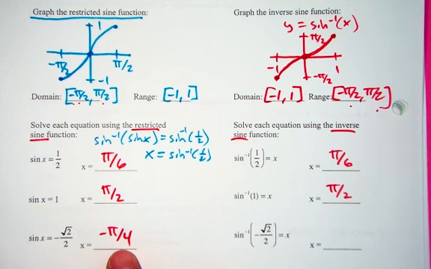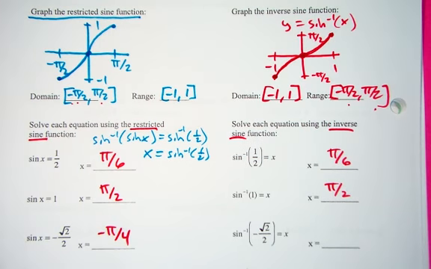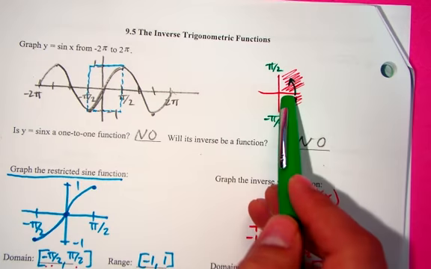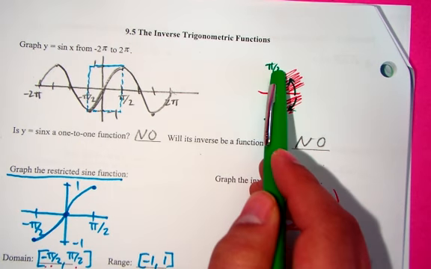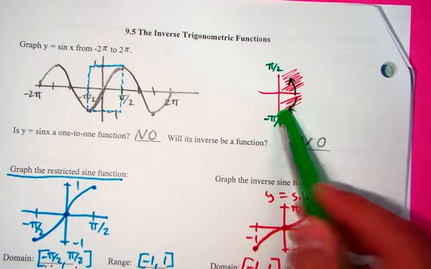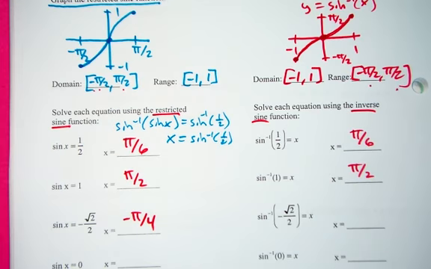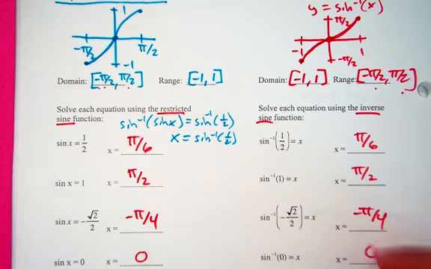Actually, not 3 pi, 5 pi over 4 would be an angle that has this sine, but not with these restrictions that we're between negative pi over 2 and pi over 2. Same with 7 pi over 4. Yeah. 7 pi over 4 is too big, because to get to 7 pi over 4, you'd have to go all the way around, right? And I can't do that. I can't go past pi over 2, and I can't go past negative pi over 2. Okay? Where is the sine 0? Negative. No, just kidding. It's already 0 when we start, right? Okay.